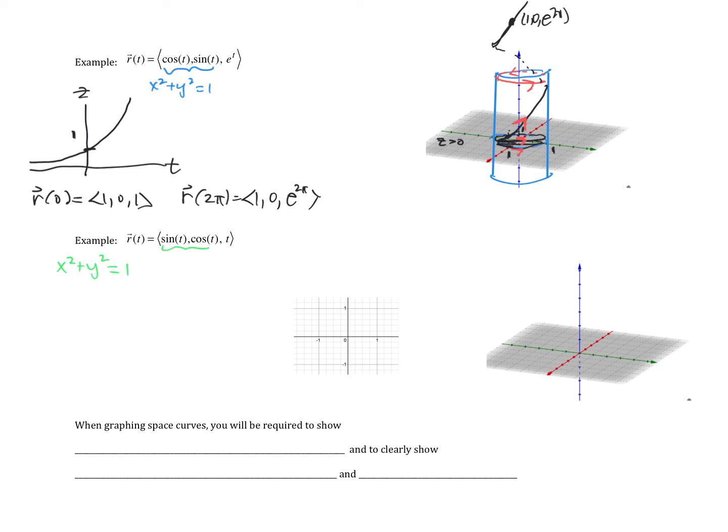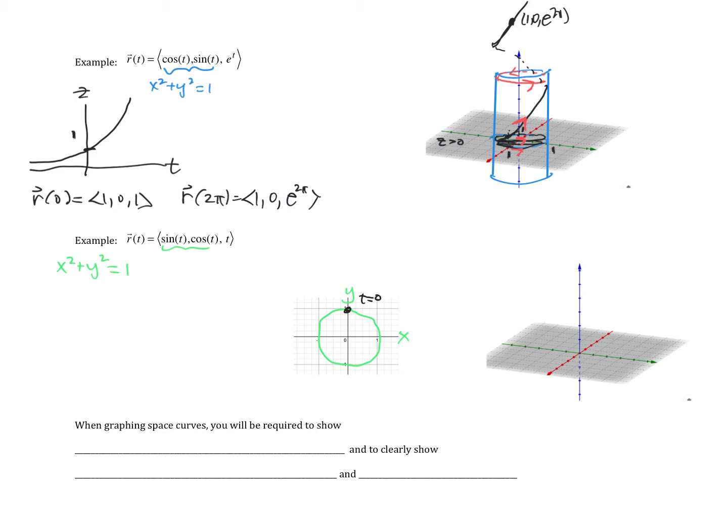But if you'll notice, from the last 2 examples I did cosine sine, this says sine cosine. So this is still the path in 2 dimensions, but what changed is the direction of t. If I put in t equals 0 here, I get 0 and 1. So at t equals 0, we're here.